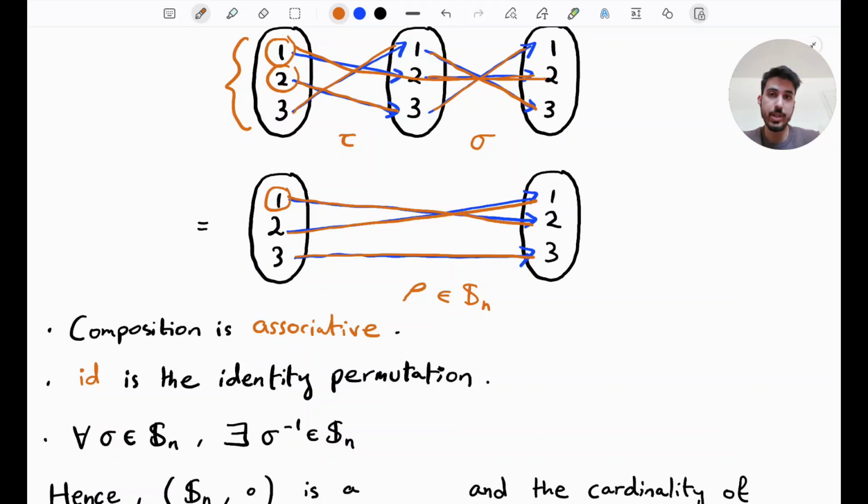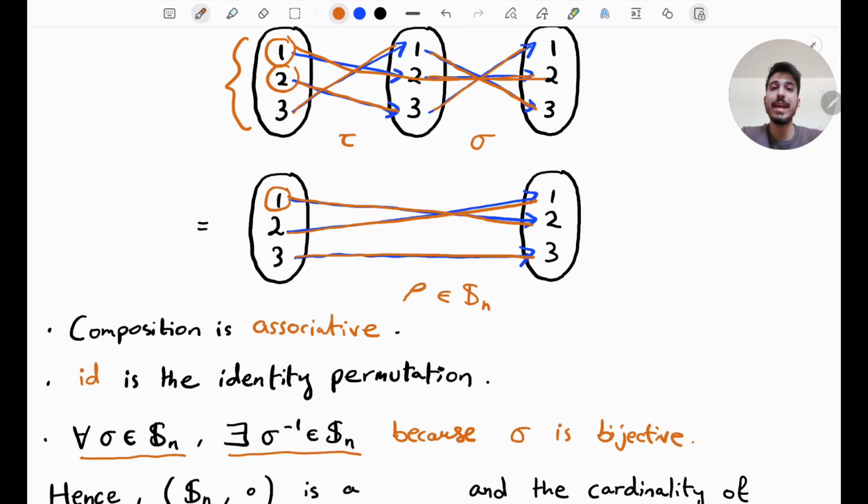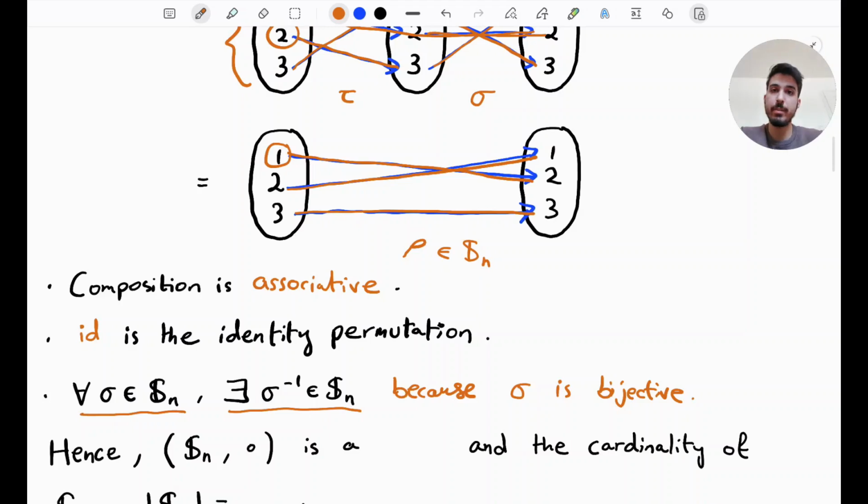So the maps that are bijective have, by definition, an inverse. So for all sigma in Sn, there exists an inverse that is in Sn because sigma is bijective. So by definition, it has an inverse. Hence, the set Sn coupled with the operation of composition of permutations is a group.